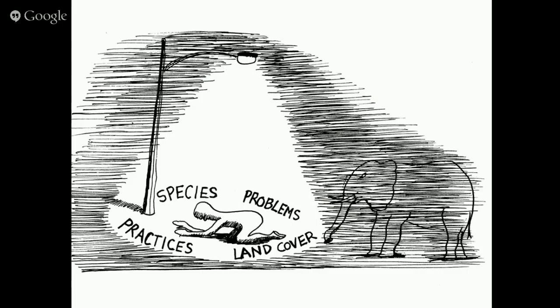And this is the way I see things. We spend probably billions of dollars mapping species, problems, practices, land cover, conservation status, pollution issues, all of the problems. And biological work, we don't usually map it. In a couple of situations in agriculture we do, but the power of photosynthesis, for example, is usually not mapped at a local scale, or if it is, it's not factored into our decision making or our policy.